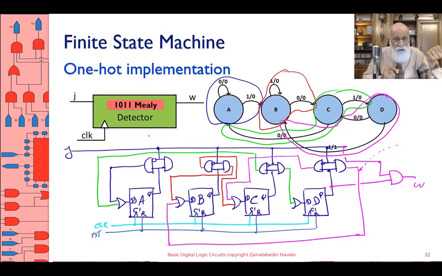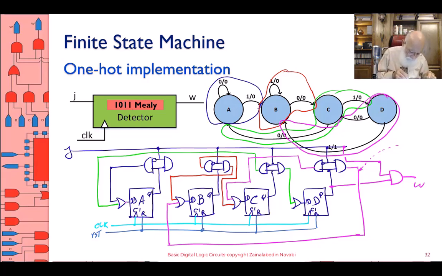Let's initialize it so that when I power up, the powering up and the resetting are separate. But after the resetting, I have an initialization signal that starts my circuit in 1, 0, 0, 0. So I come into state A. The color I'm using now, dark red, is for the initialization.